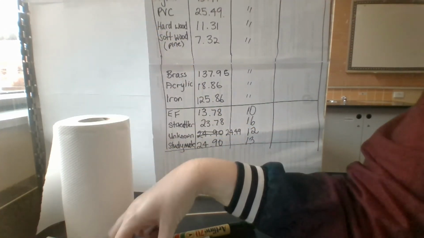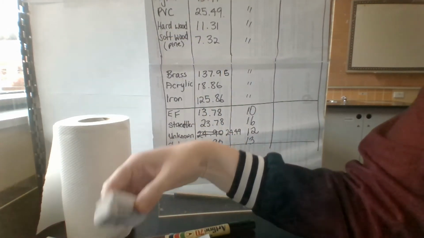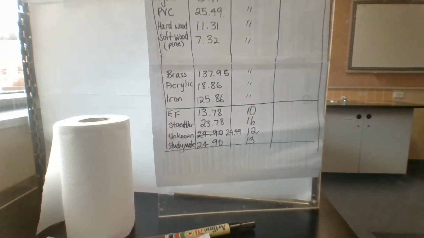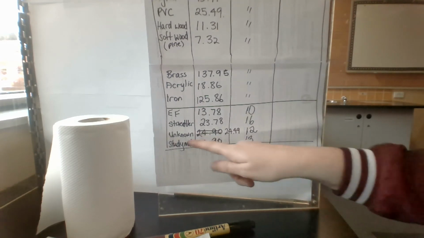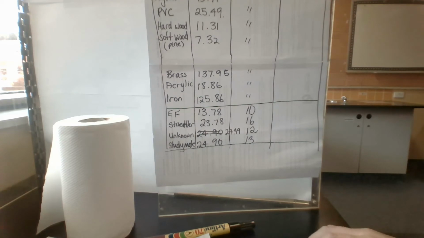It's the same colour. Probably not the EF one because it's a different colour. Or is it a Studymate, which was my bet because it looks very similar. And so if it's a Studymate, it will have the same density as the Studymate one that we know. So it's our unknown rubber, but we think it's this brand. So let's go through and figure out.